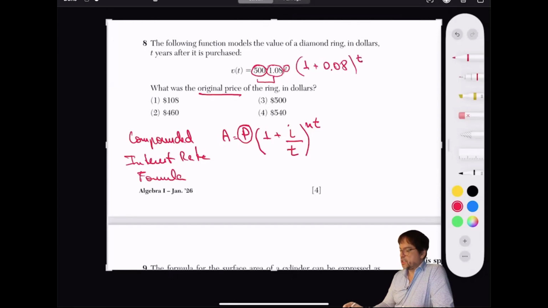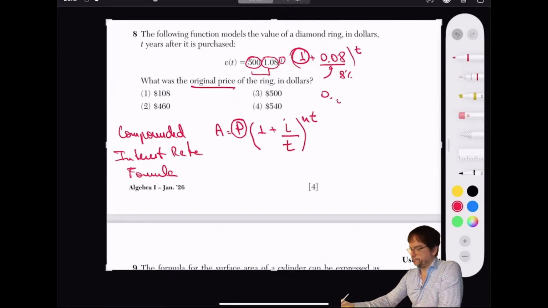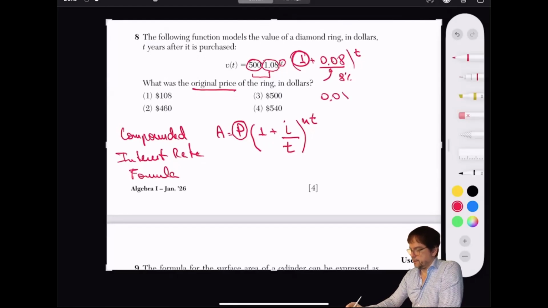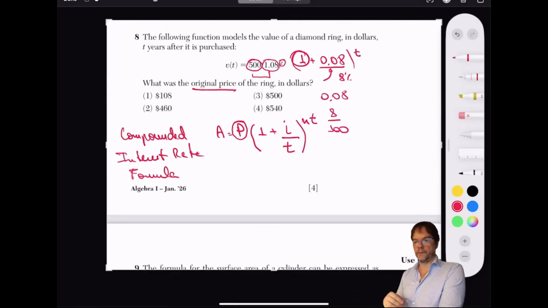So each year the price increases 8% because it's 1 plus 0.08. 0.08 is the same as 8%. Is that okay?